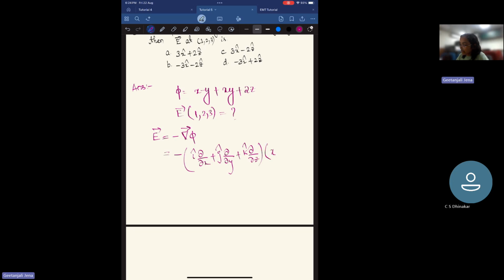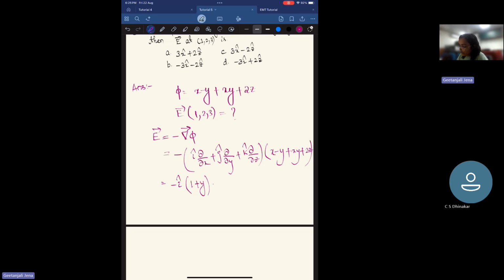And phi is x minus y plus xy plus 2z. So we have minus i cap dou by dou x: x gives 1, y gives 0, xy gives plus y, and 2z gives 0.